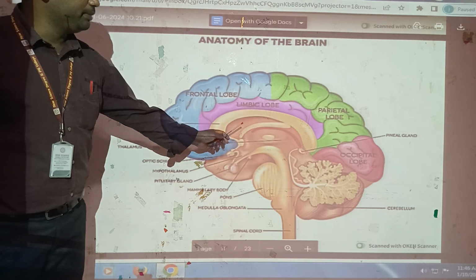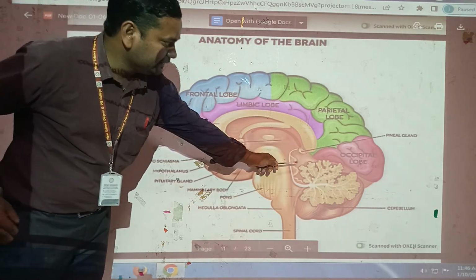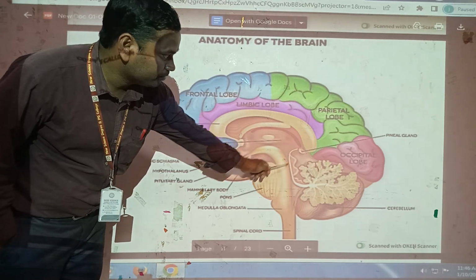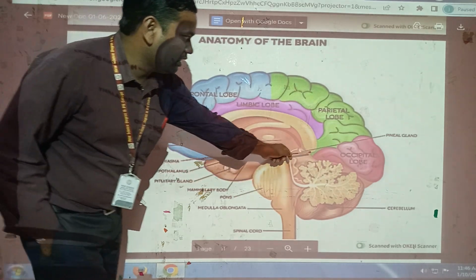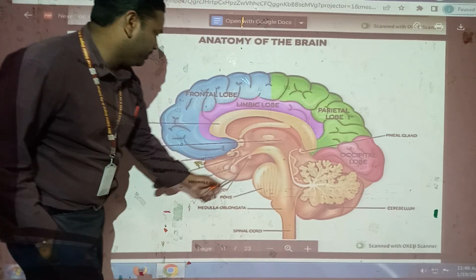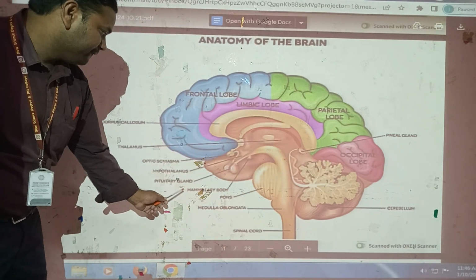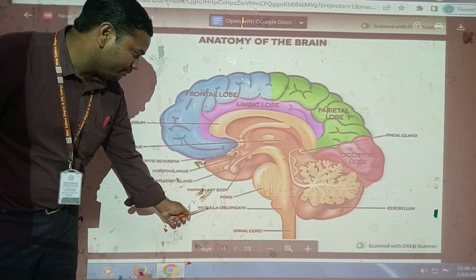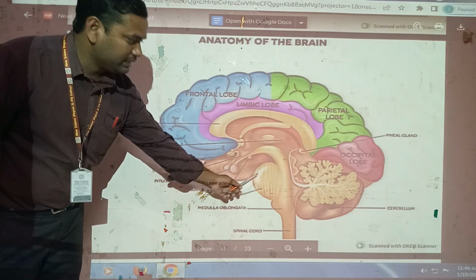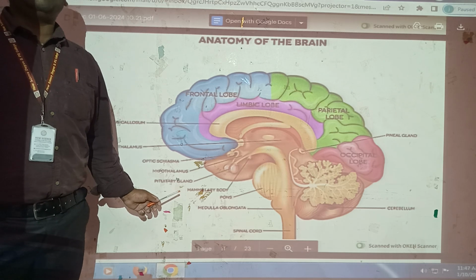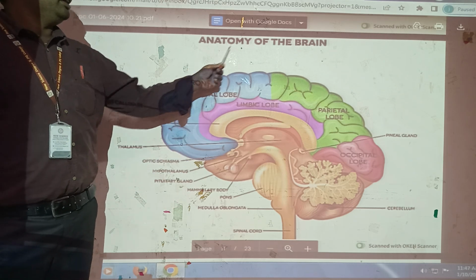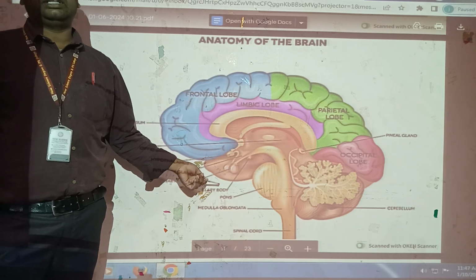This is the midbrain, and this is the occipital lobe. The midbrain has the optic part, and then the hindbrain: the cerebellum, medulla oblongata, and pons. This is the anatomy of the brain structure.